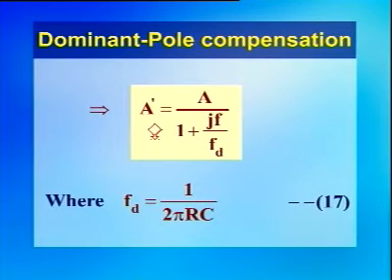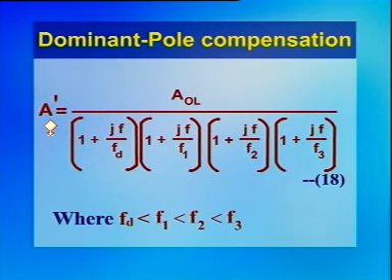Now the gain of the amplifier with compensation network becomes A prime equal to A by 1 plus jf by Fd, where Fd equal to 1 by 2 pi Rc.